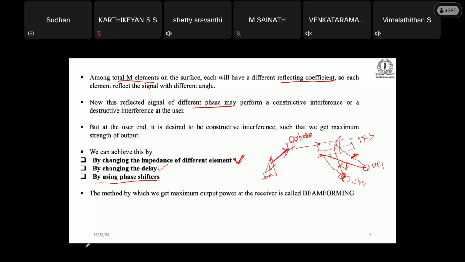Then based on this data from the base station, the controller changes the phase and amplitude and serves the users. And this mechanism is called beamforming.